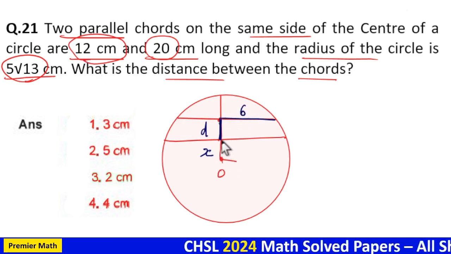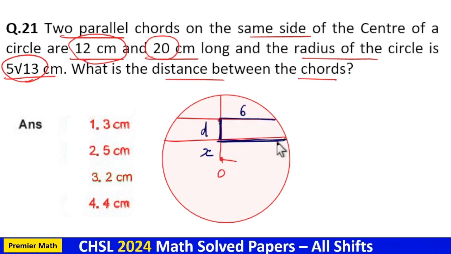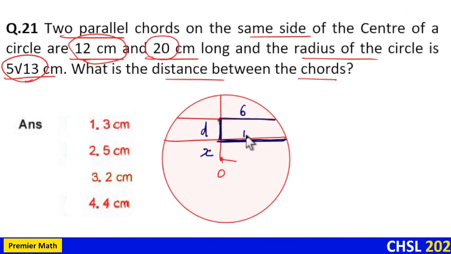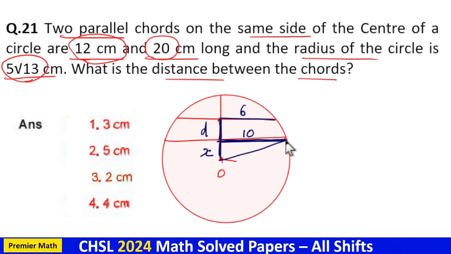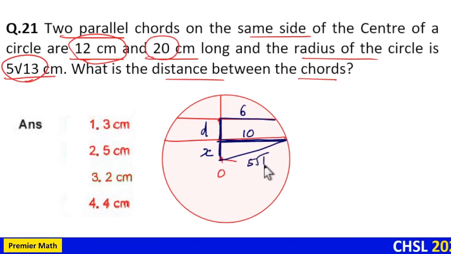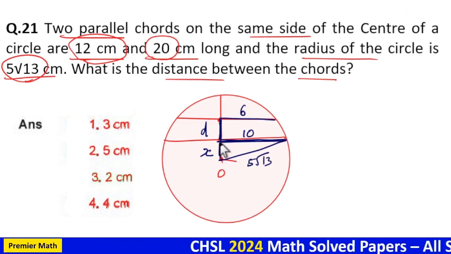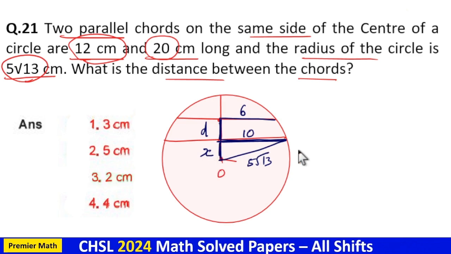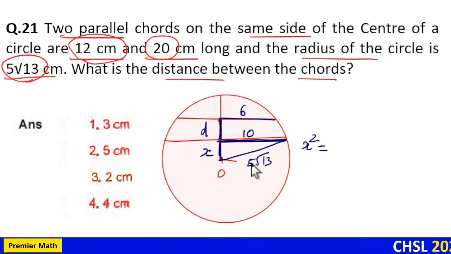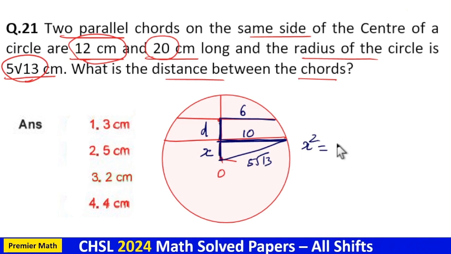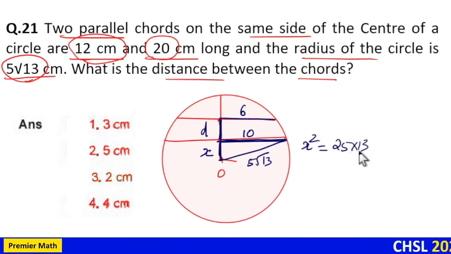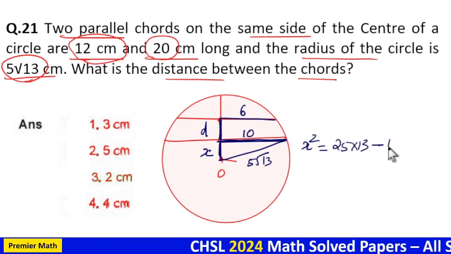And if I take this length, it is equal to half of chord length 20, that is 10. Then you can see this is X and this is radius. This is 5 root 13. Now from this triangle we can find X. X square is equal to 5 root 13 square minus 10 square. 5 root 13 square is equal to 25 into 13 minus 10 square is 100.